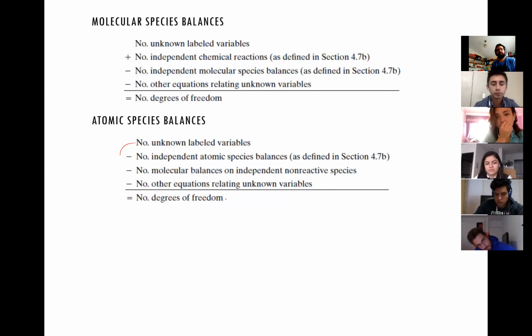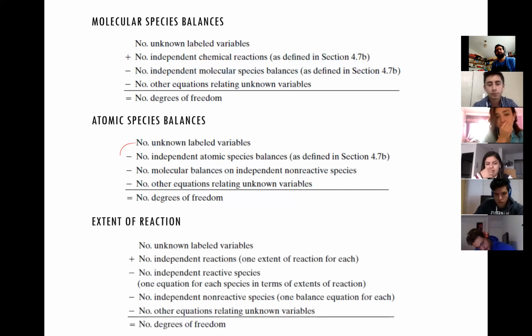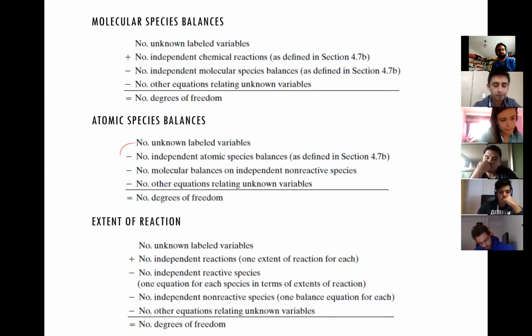Again, additional equations that relate the unknown variables in the reactor, and that gives us the number of degrees of freedom. And the last way of doing it is the extent of the reaction. In the extent of the reaction, if you remember, we have one extent of reaction for each particular reaction. So again, the number of unknown variables, then we add the number of independent reactions, as in the molecular species balances, and then we subtract the number of independent reactive species, so the molecules that react, right?